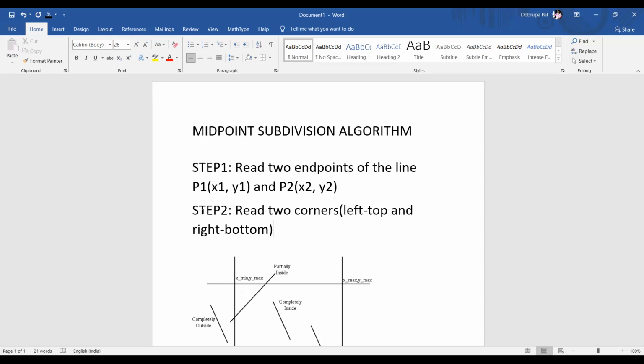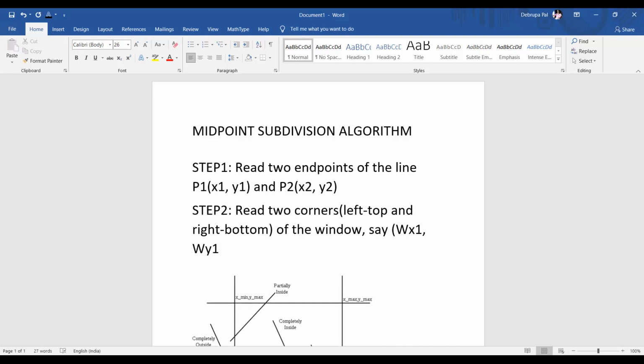Say WX1, WY1 and WX2, WY2. So these are the coordinates of the left top and right bottom.